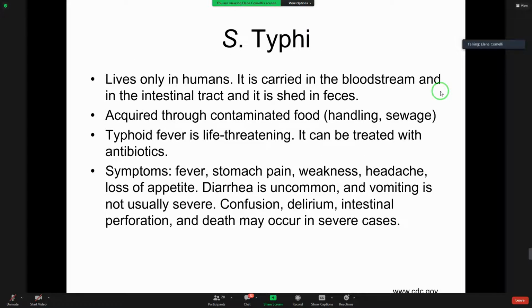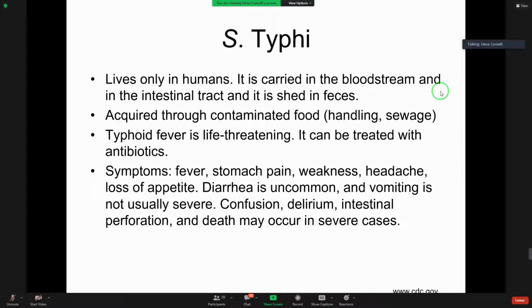On the other hand, Salmonella typhi is the cause of the systemic form of infection. Humans are the only reservoir for this bacterium. It is carried in the bloodstream and in the intestinal tract. It gains access to the bloodstream by breaching the intestinal barrier, and then it is shed in the feces. This is how food is contaminated, through improper handling, through sewage, or by being processed with contaminated water.